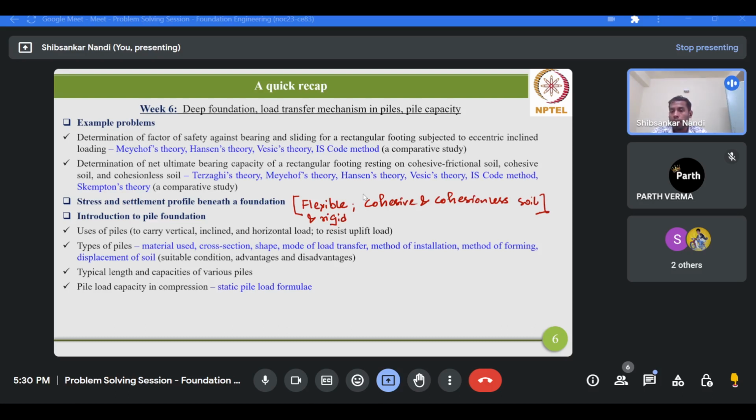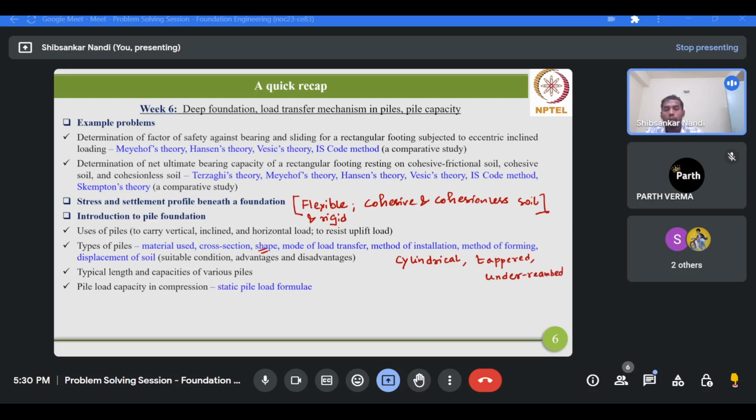The application of an individual pile basically depends on its suitability to some specific circumstances. We can take an example. Depending on the shape, we can classify the pile as cylindrical with uniform cross section, tapered, and underreamed.